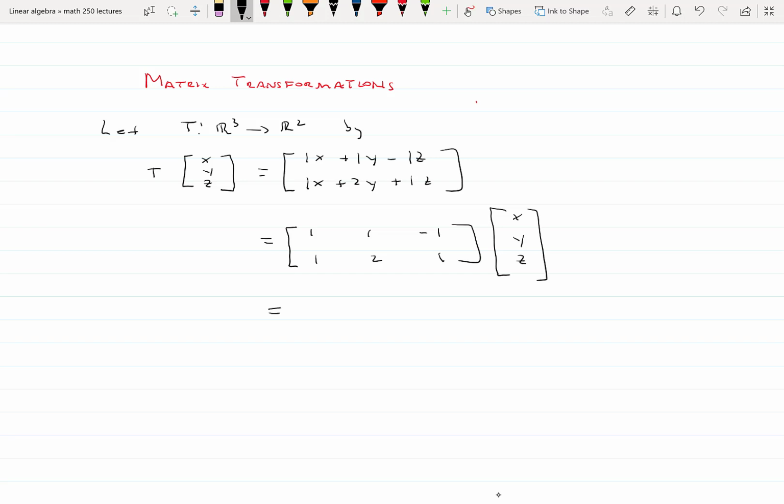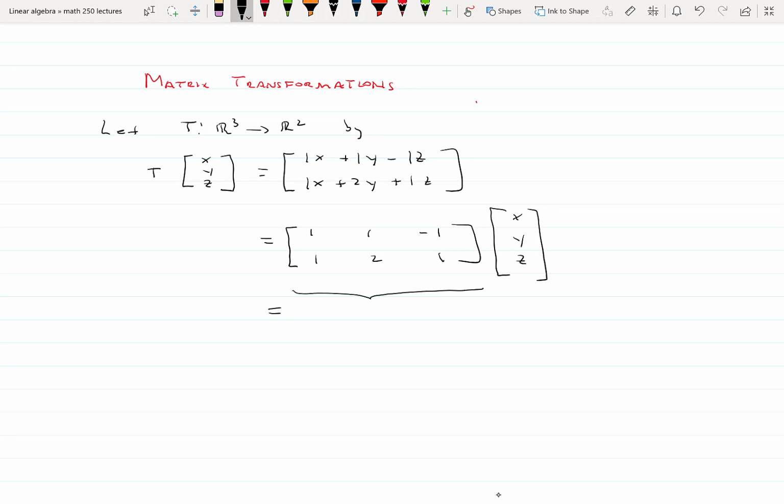If I can write my linear transformation as some matrix times an element from the original vector space, in this case R3, then we have something called a matrix transformation.